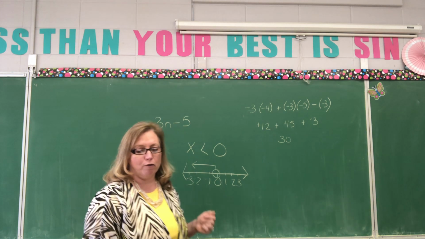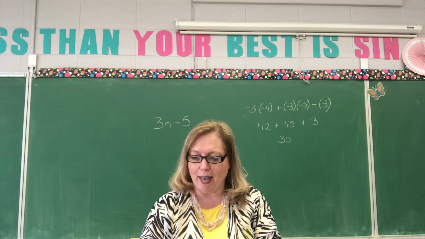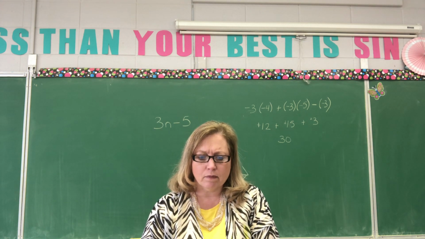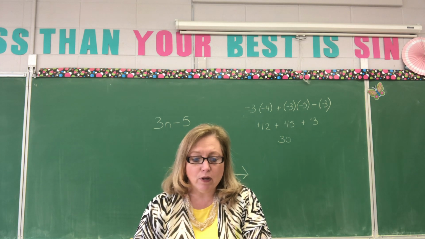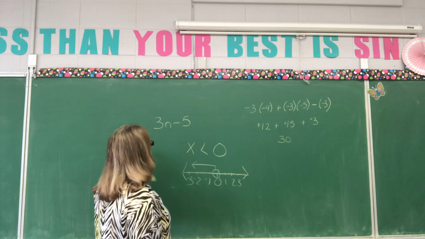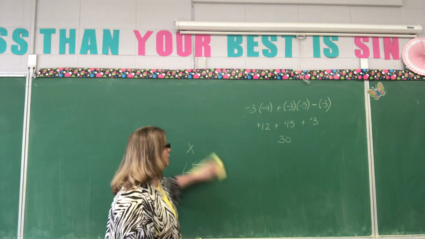That is what I was looking for. Several of you had some trouble with that, a couple of you, well, half of you, 45% of you to be exact, missed this problem.